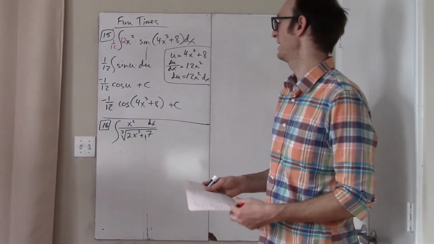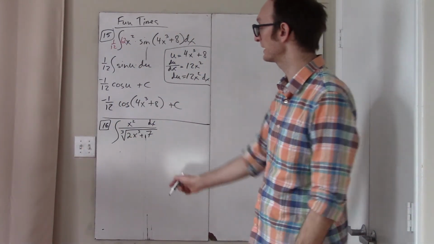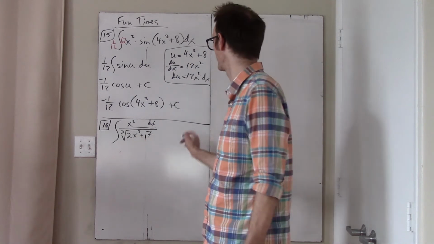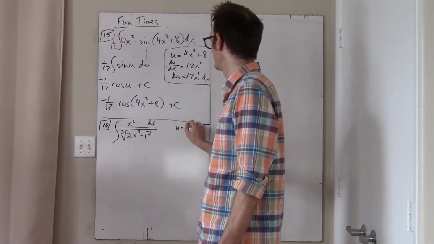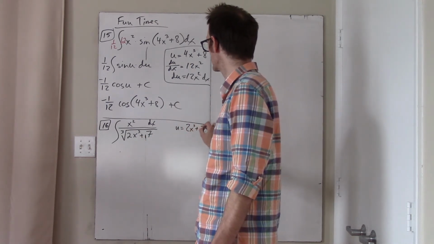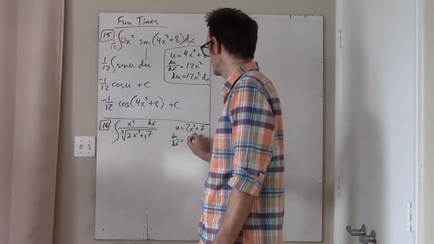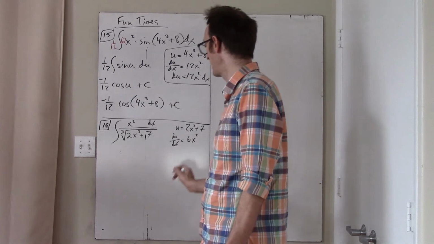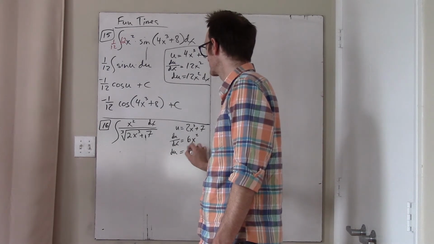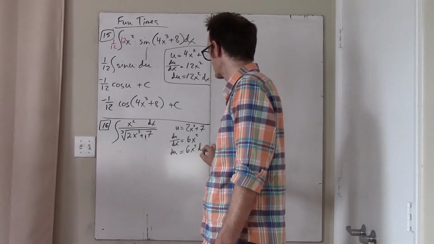All right. Well, once again, there's a clear inner function, which is this 2x cubed plus 7. So if I let u be 2x cubed plus 7, then du dx is 6x squared. So du is 6x squared dx.